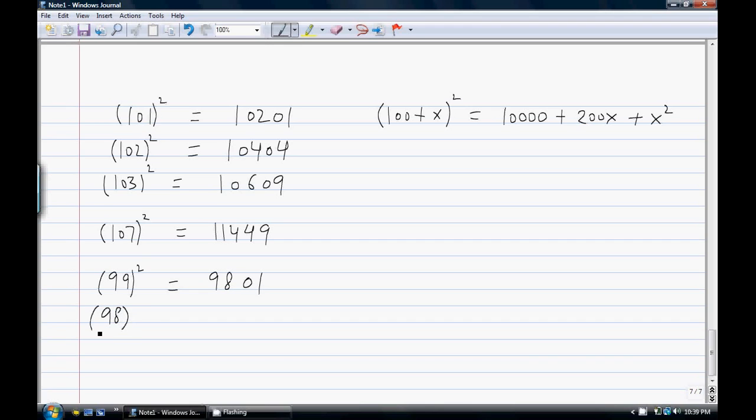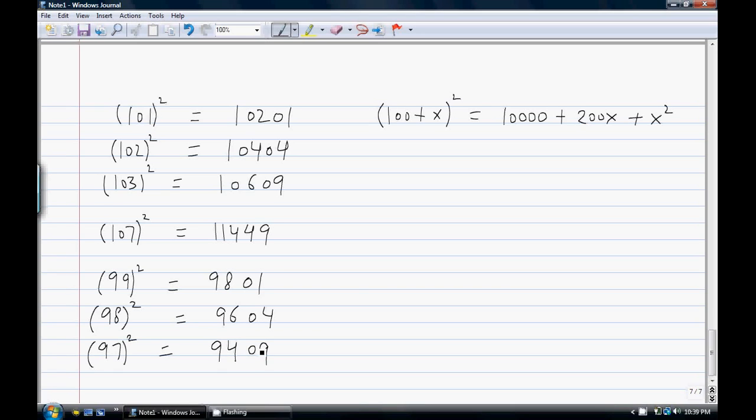Similarly, 98 square will be 9604, and 97 square is equal to 9409, since 3 2s are 6, so 94, and 09.